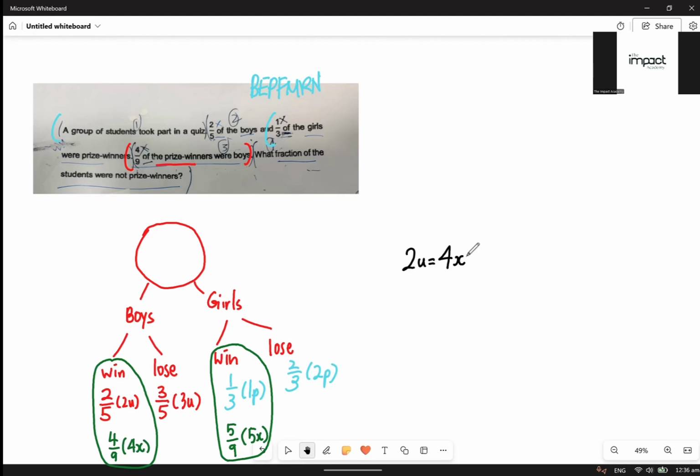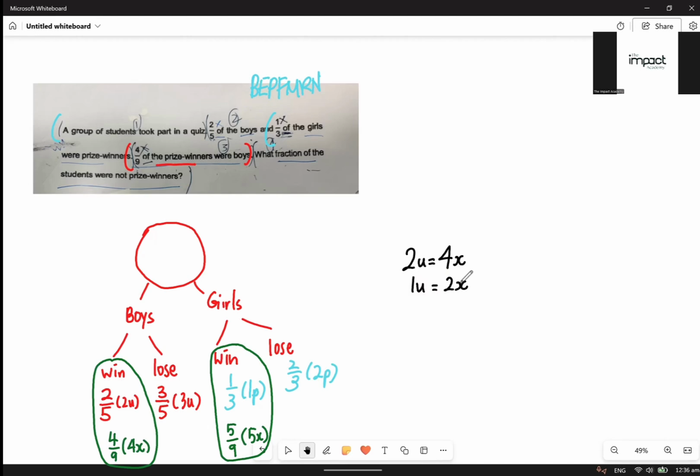The problem with units and parts and x and y is that there are too many groups going on. So units is one group, parts is one group, x is one group. In this situation, there were 3 groupings that happened. Your job is to reduce it down to one group. So if 2 units is 4x, what we can do is to simply say 1 unit will therefore be 2x.